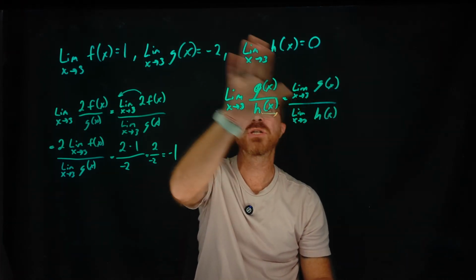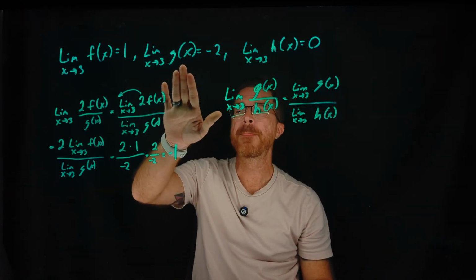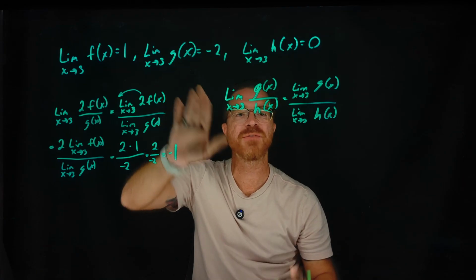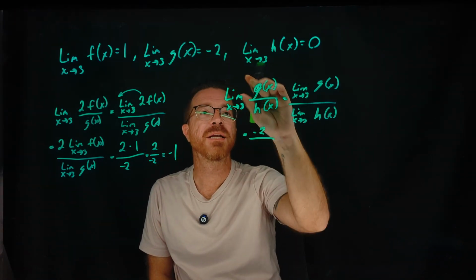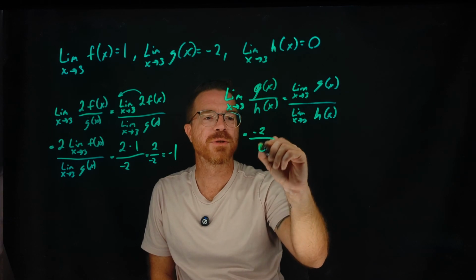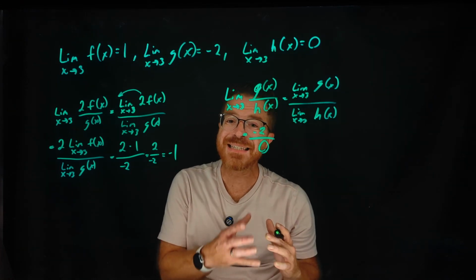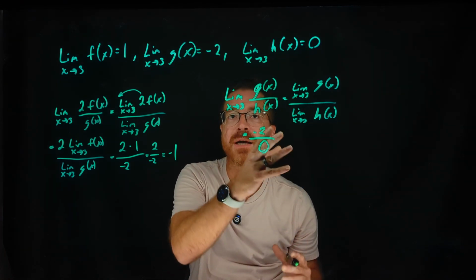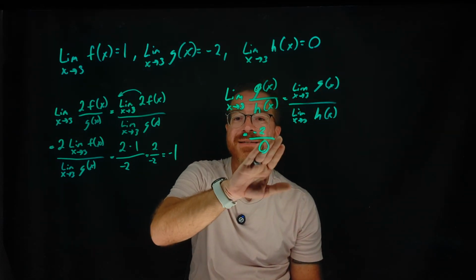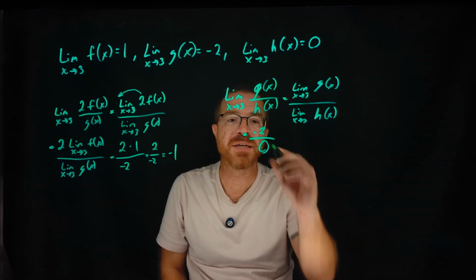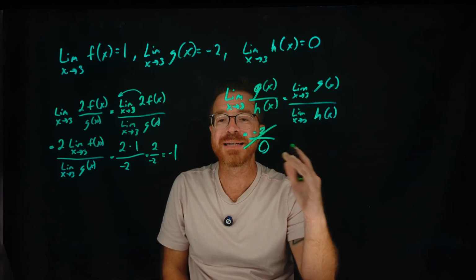Now in this case, we actually have both of these terms here. The limit as x approaches 3 for g(x) is equal to negative 2. The limit as x approaches 3 of h(x) is equal to 0. So we can't do this operation because the limit of h(x) equals 0, which gives us a 0 in the denominator, which means that this one does not exist.